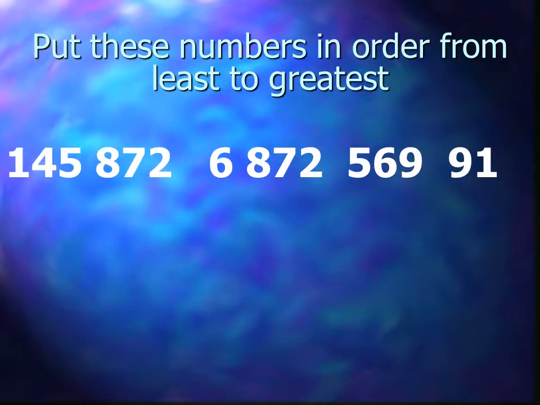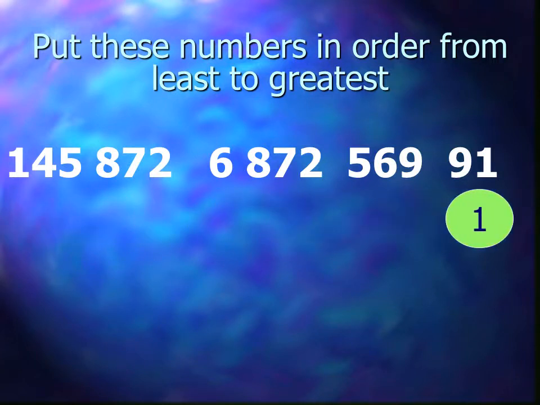Here is another one, but this time we're going to be ordering them from least, the smallest number, to greatest, the largest number. The numbers in this case are 145,872, 6,872, 569, and finally 91. Which of these numbers is the least or the smallest?